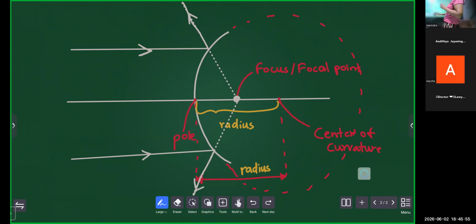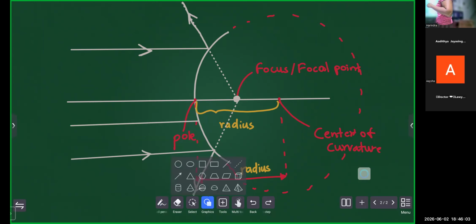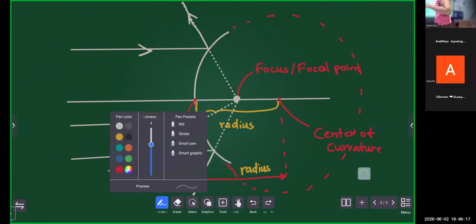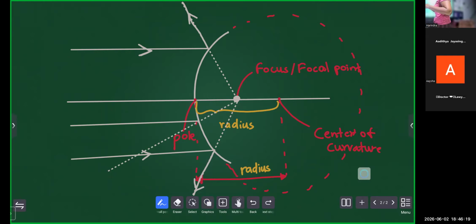Likewise, we have to draw. Let me draw another line. This one, how does it diverge? Let me draw another line from this focal point to this point. I have to extend the line like this, and we have to complete this line. We can't keep a dotted line in front of the mirror. So this is the incident ray and this is the reflected ray.